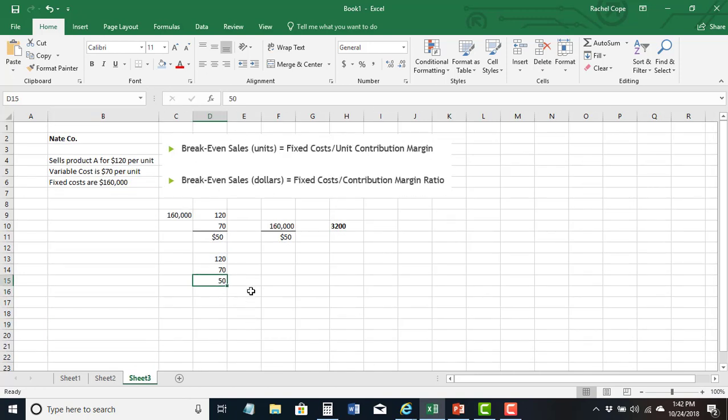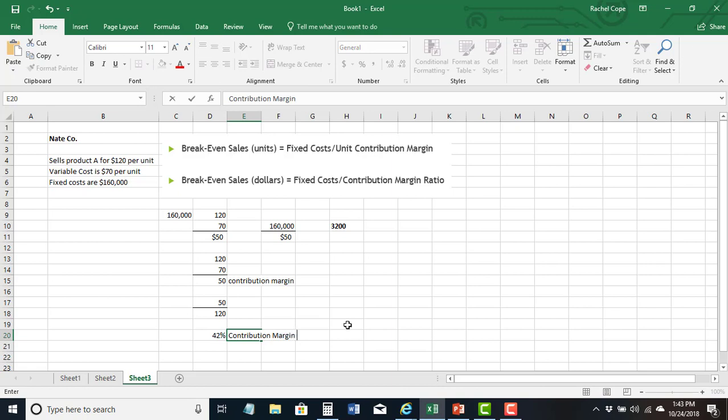So 50 divided by the sales price of 120, and then I'm going to change it to a percent. We get 42% as our contribution margin ratio.